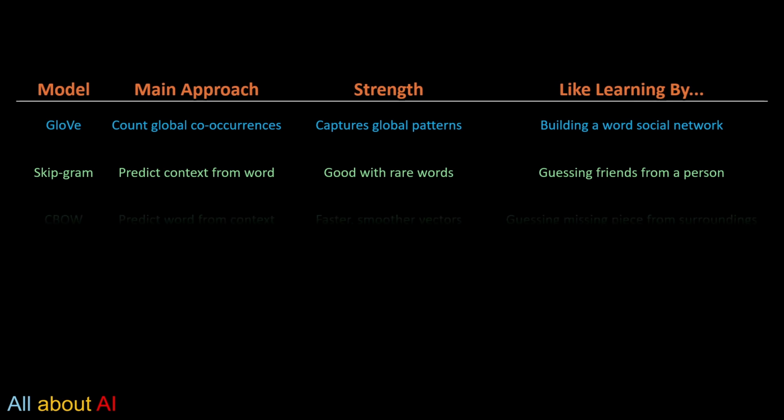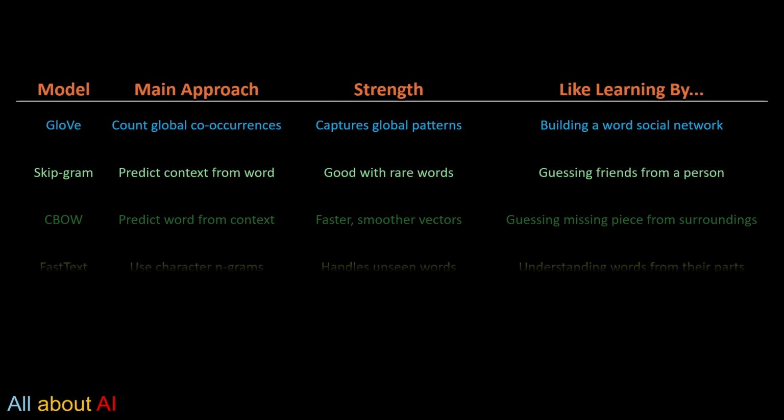Skipgram is like predicting context from a word, and it's good for rare words. It's like guessing friends from a person. CBOW predicts a word from the context, the opposite of skipgram. Its strength is faster, smoother vectors. In a way, you can think of it like guessing a missing piece from its surroundings.